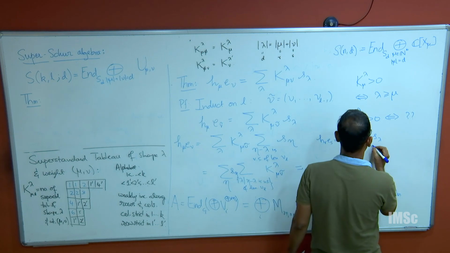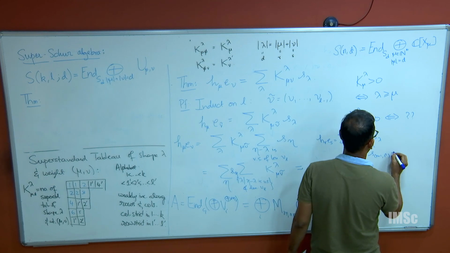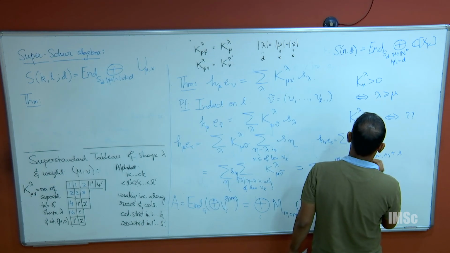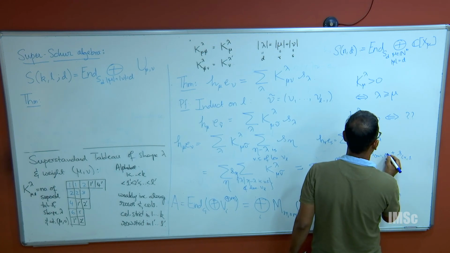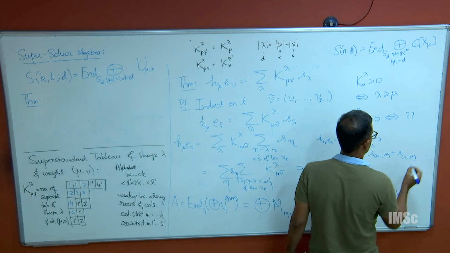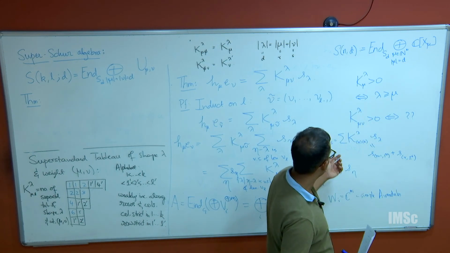It is S (R+1, 1^(S-1)) plus S (R, 1^S). They are just two Schur functions, right.